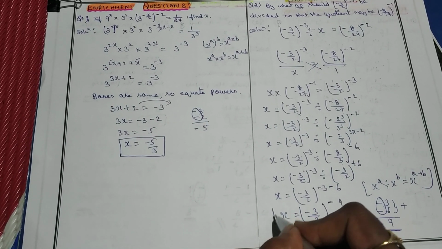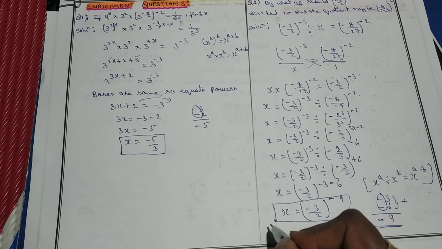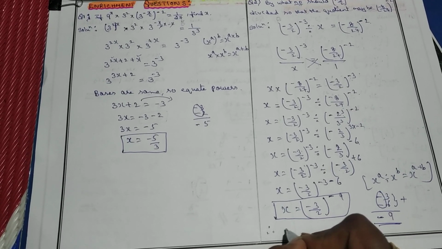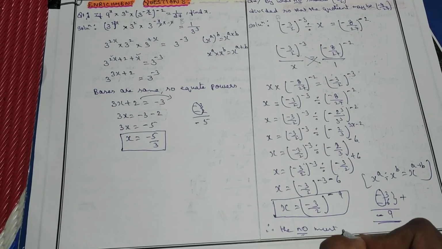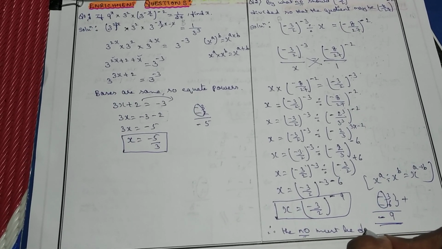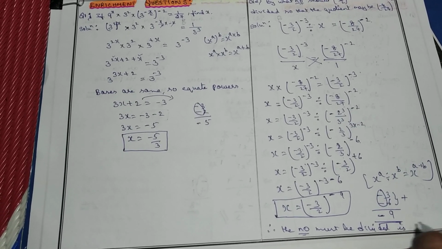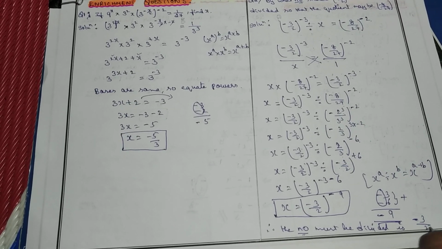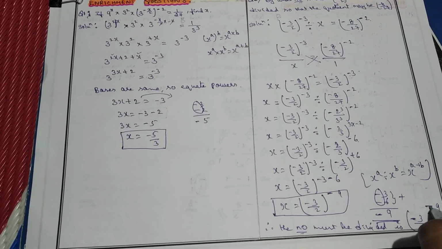So therefore the value of x is minus 3 by 2 whole to the power of minus 9. Therefore the number by which it must be divided is minus 3 by 2 whole to the power of minus 9. That is the answer, children.